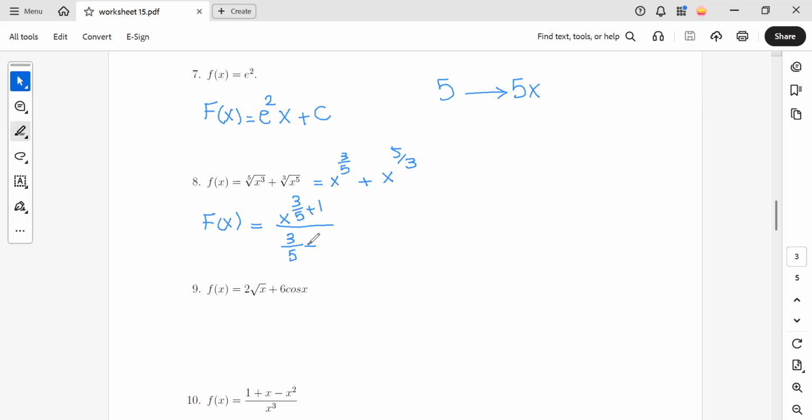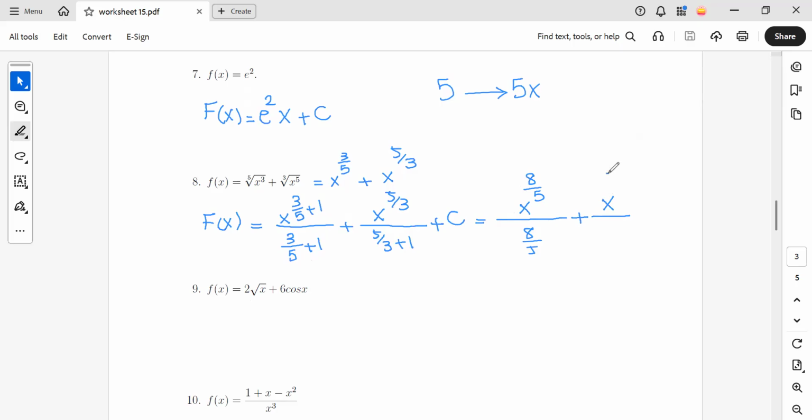Don't rush to find the answer. Just write it this way and then simplify. 5 over 3 plus 1, plus a constant. Okay, now we simplify.